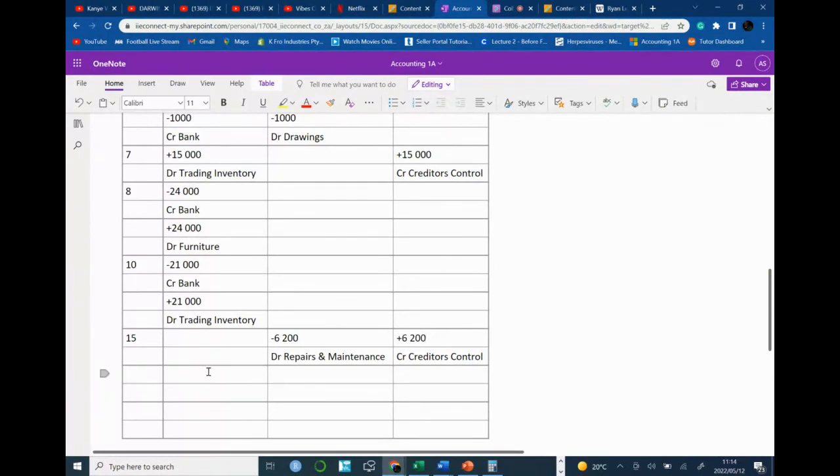16th. Sold merchandise that was purchased on the 10th for 30,000. Issued receipt number T12 for the cash transaction.